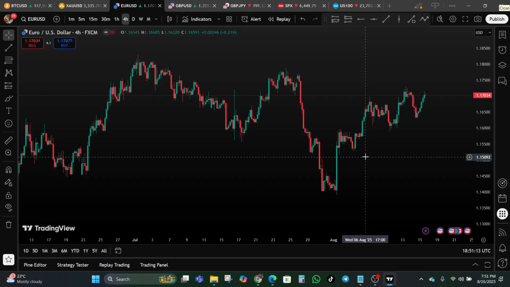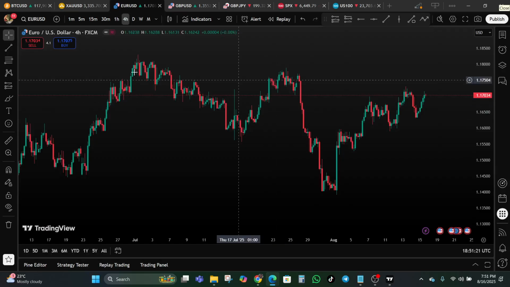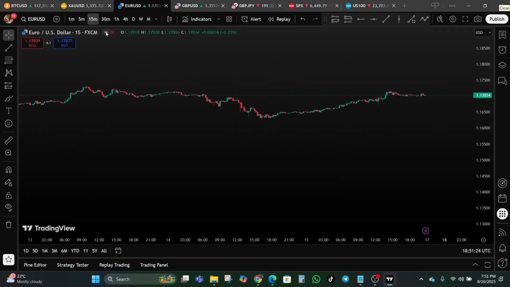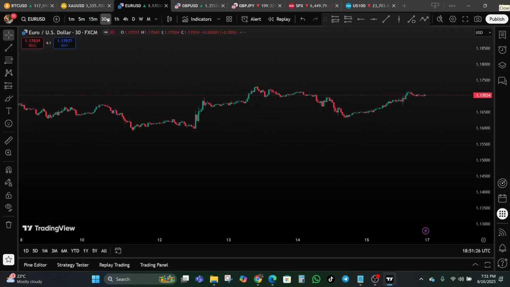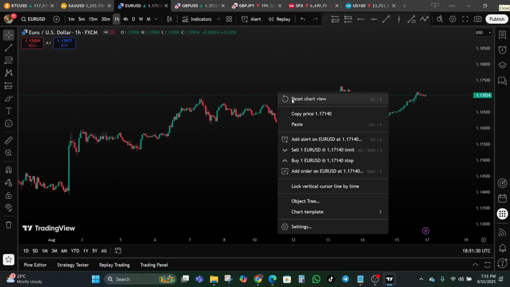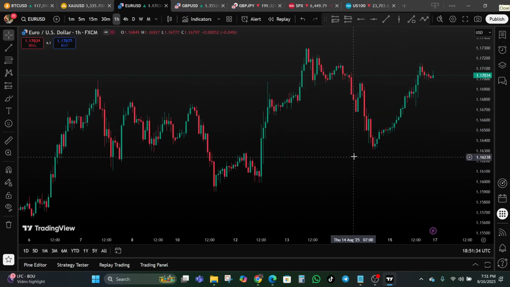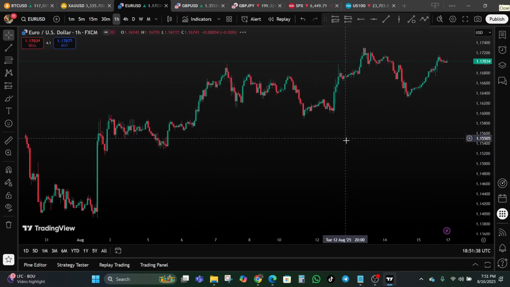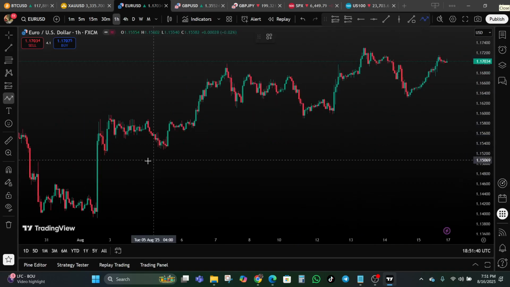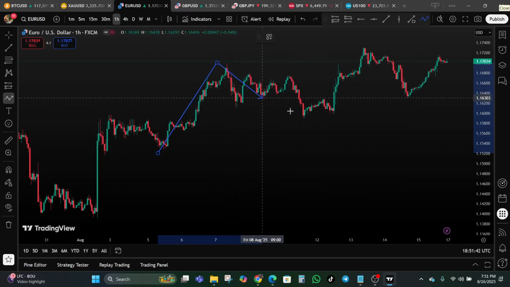Okay, the first key element is market structure. On intraday time frames like the 15 minutes, the 30 minutes, or even the 1 hour chart, structure tells you the bigger picture of what is happening within that day. Are we seeing higher highs and higher lows, like what we can point out from right here?